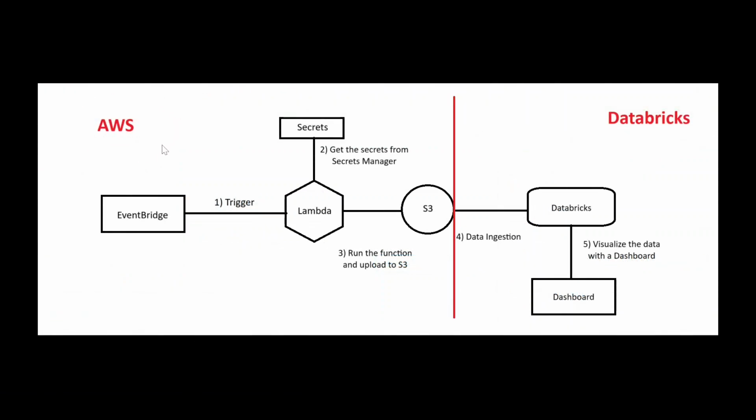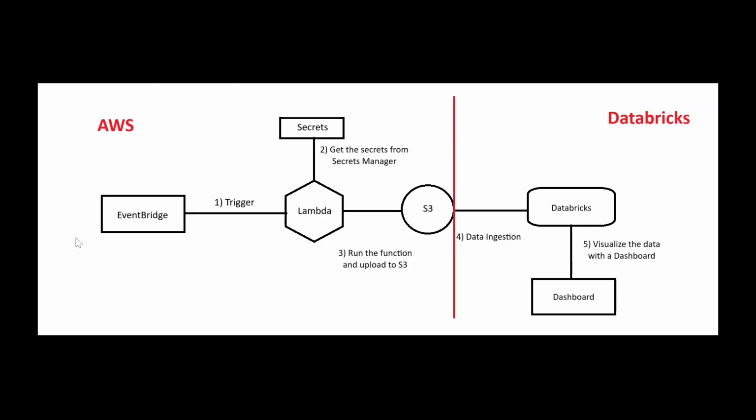Let's take one more look at the schema from the beginning of this video, just to summarize everything that we have already done. So, we have built a Lambda function which gets triggered every single day at 9:30 a.m. UTC, gets the API key from the Secrets Manager, fetches the data for the current price of gold, and then uploads that data as a CSV file inside our S3 bucket.